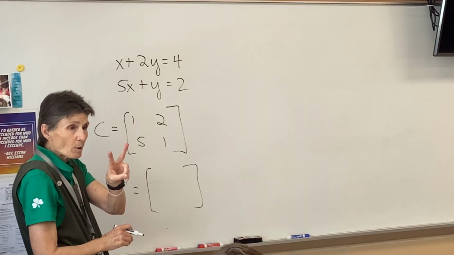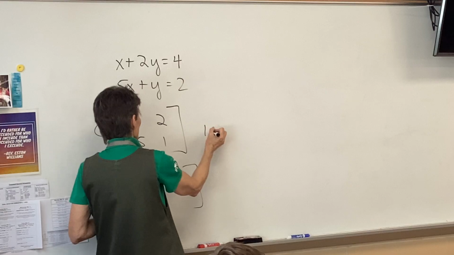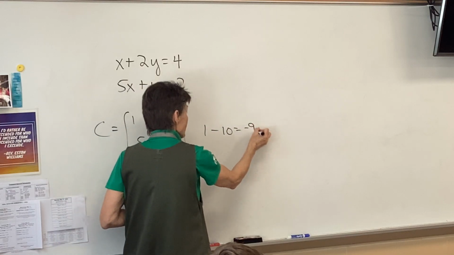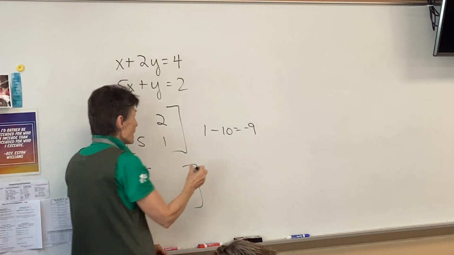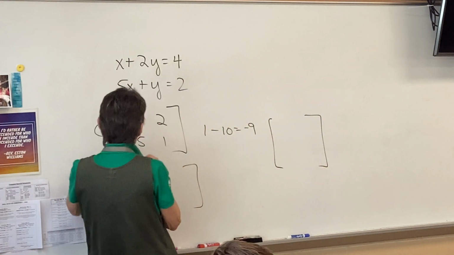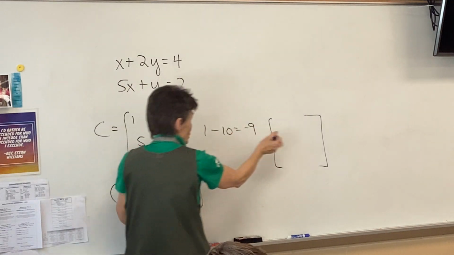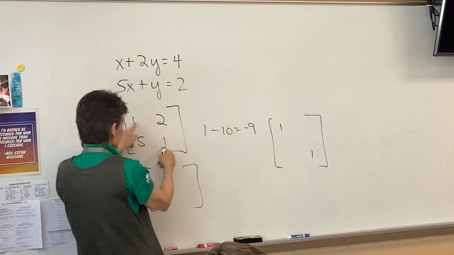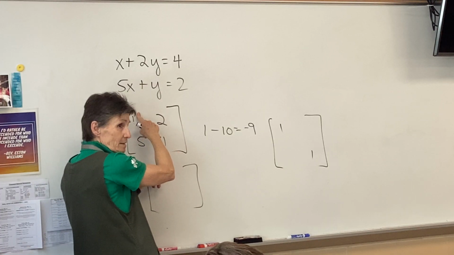That's a 2-step process. First we find the determinant, so that would be 1 minus 10, negative 9. And then we build that new matrix by taking these two and switching them, which won't matter because they're the same. But I'm switching those, right?